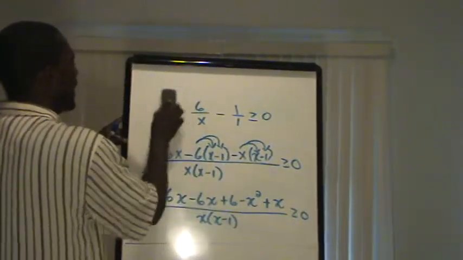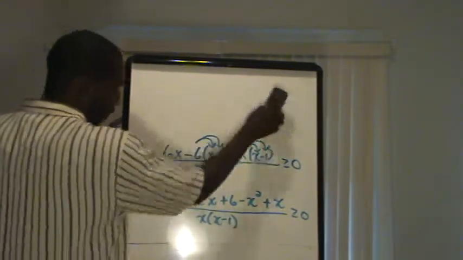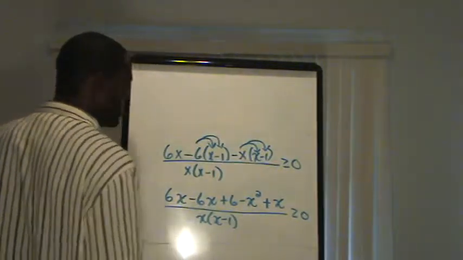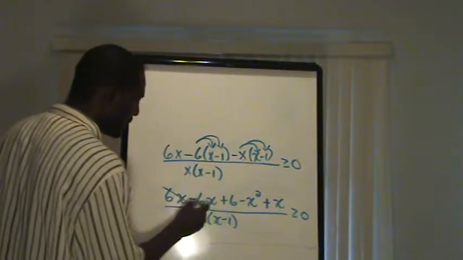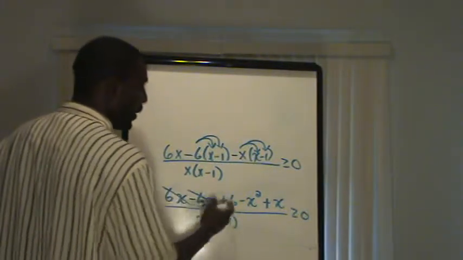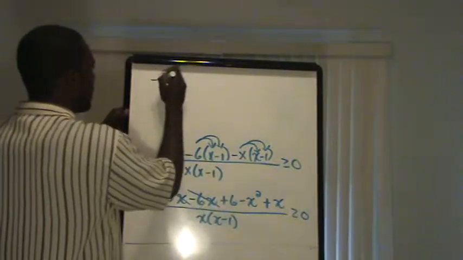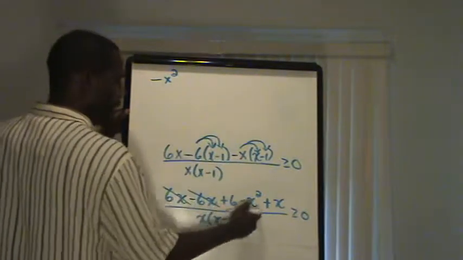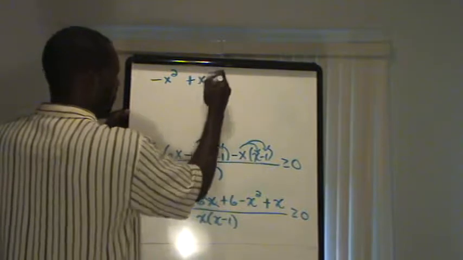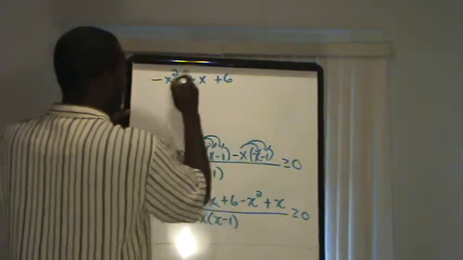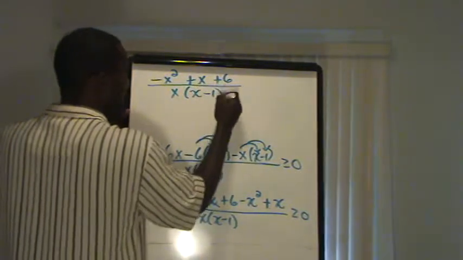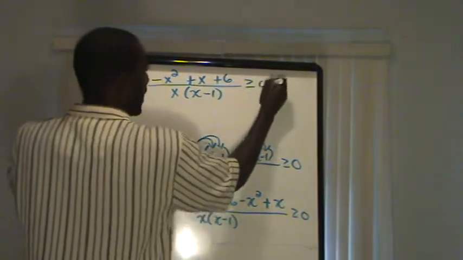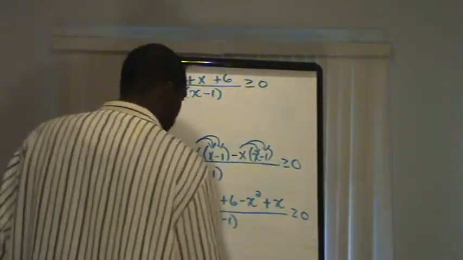So as we look in our numerator, it looks like we get a couple of terms here that will help us cancel out, make it a little bit easier for us. The 6x minus 6x goes. And this would be negative x squared plus x plus 6 all over x times x minus 1 is actually greater than or equal to 0.